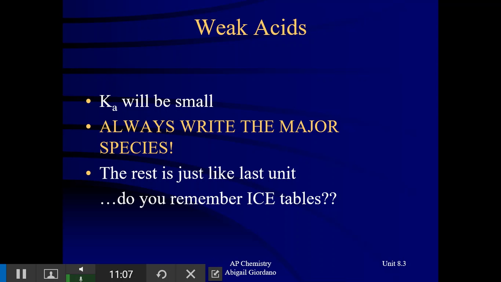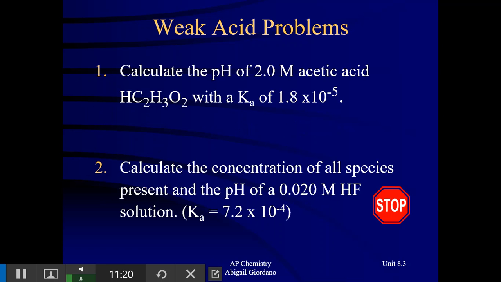That's how you do these problems. Some of you may have liked ICE tables, some of you maybe not, but it does keep the work in your calculation very organized. So this is the way the AP exam is going to expect that you will do these problems. All right, so I'm going to do number 1 with you. And ladies and gentlemen, all of the work that I write out, if this were a free response question, all of the work I write out is what the AP graders would expect to see as well.